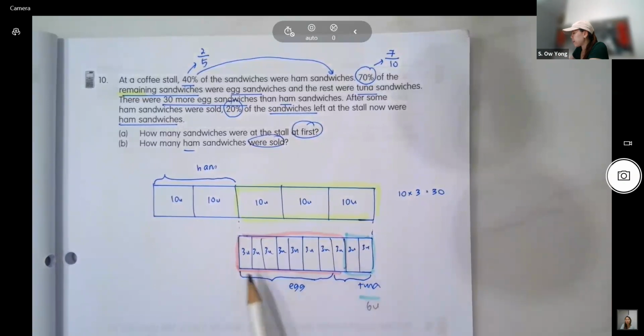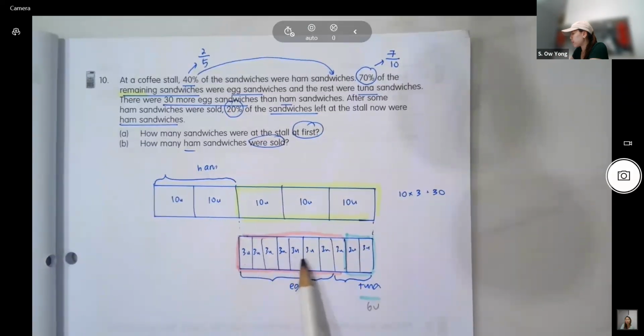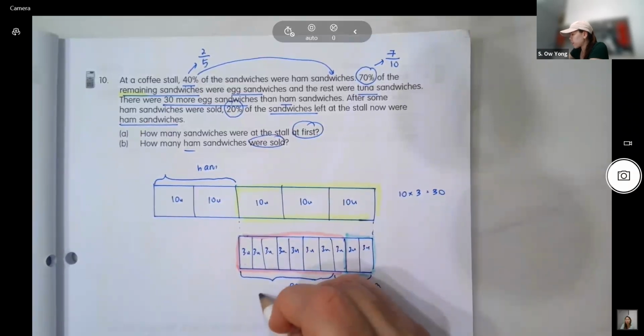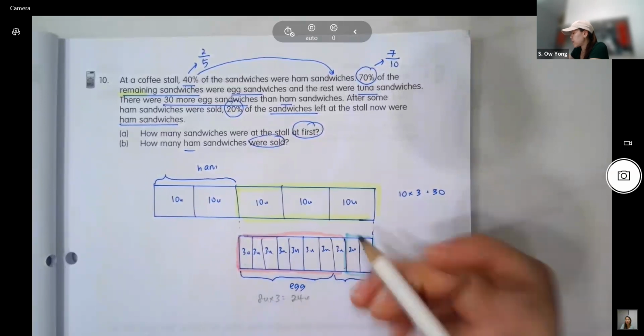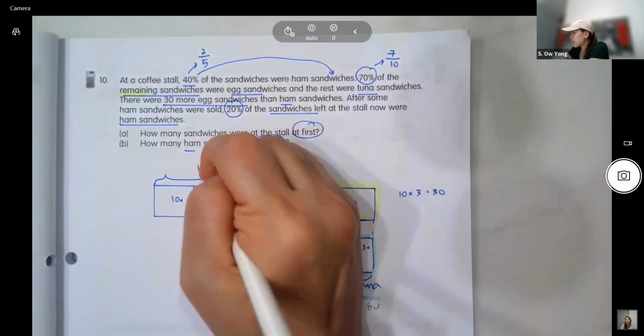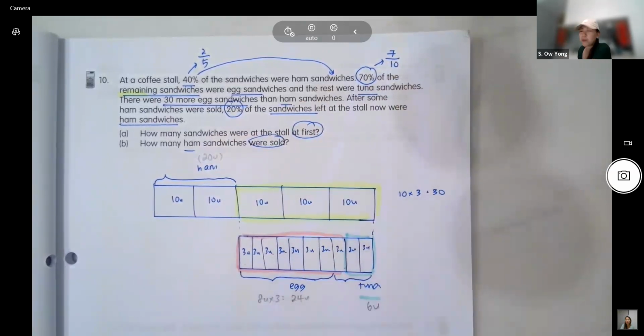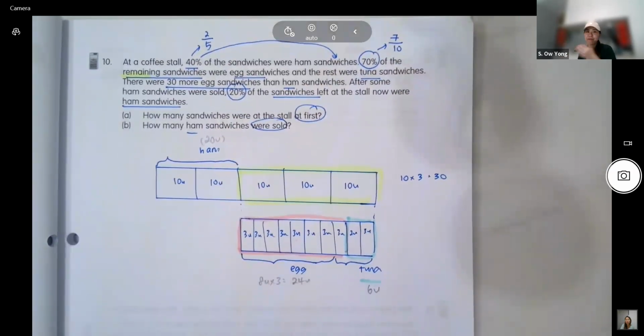Okay, 8, 3, 6, 9, 12, 15, 1, 2, 3, 4, 5, 6, 7, 8. 8 times 3, I better write 8 times 3, give me 24. And ham sandwiches, 20 units. So I write down all the units properly. It's like your normal remainder concept.